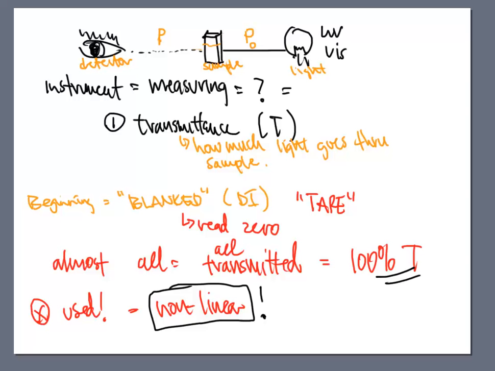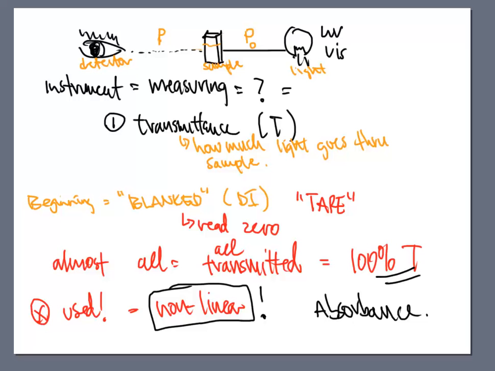However, we've gone above and beyond that now. We do not use percent T for really anything at all. What we use now is something called absorbance. So in the next video, we will talk about this definition of absorbance, what it is, what it does, and why it's so important, and why we use that over percent transmittance nowadays.